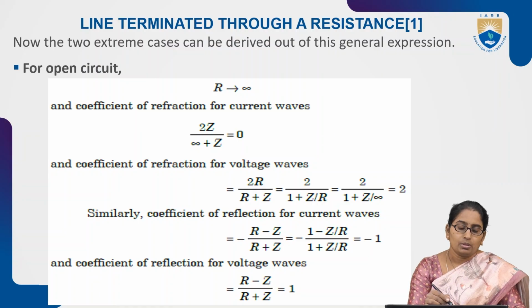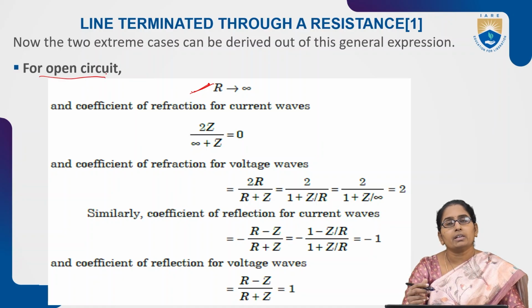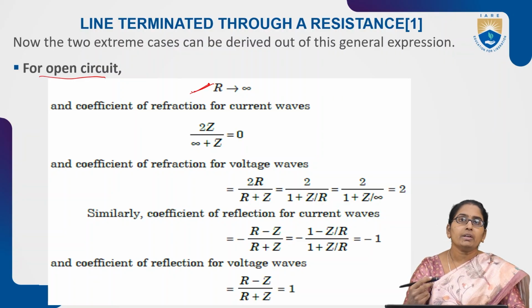So that is an open circuit, line resistance infinity. So the coefficient of refraction for current wave is given by the relation 2Z by R plus Z. In place of R substitute infinity, 1 by infinity is 0.